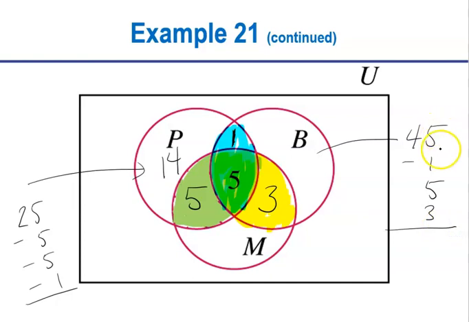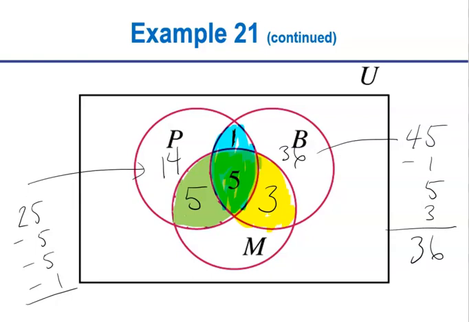So that's going to be 45, 44, 39, 36. Hopefully I did that subtraction right. Let's add it back to be sure. 3 plus 5 is 8 plus 1, 9. No, 36 plus 3 is 39, 44, 45. Yes. I can check my work.